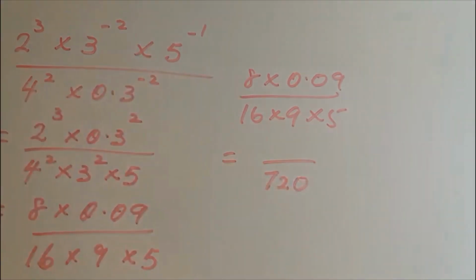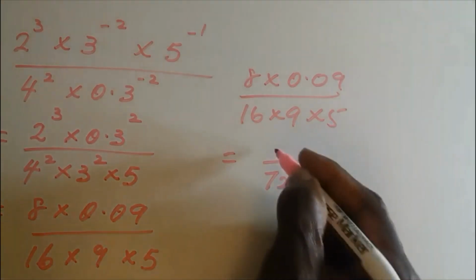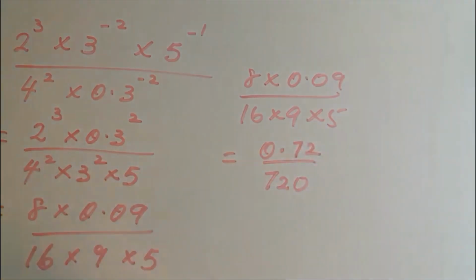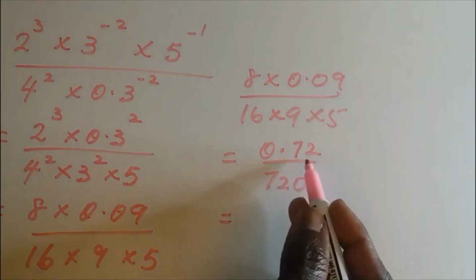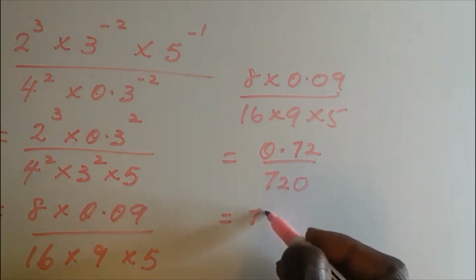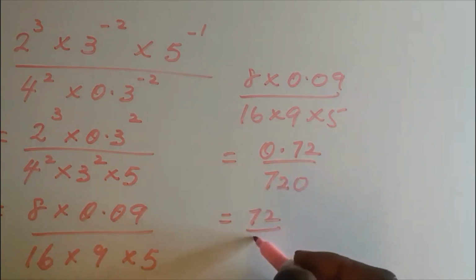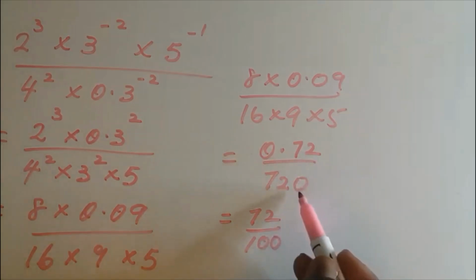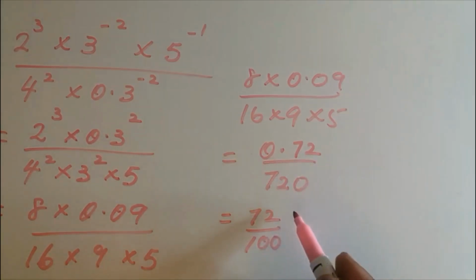And 8 times 0.09 will give us 0.72. And further to this, 0.72 is the same as 72 over 100, and that's in the numerator. Now it's 720 over 1 in the denominator.